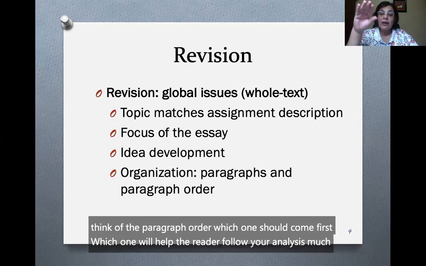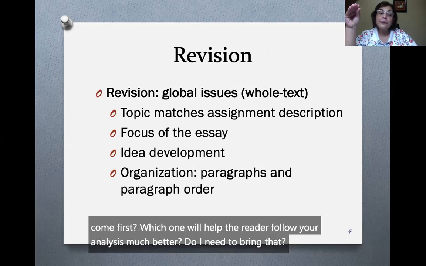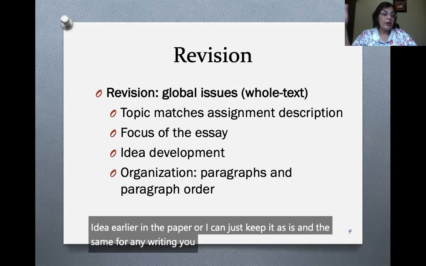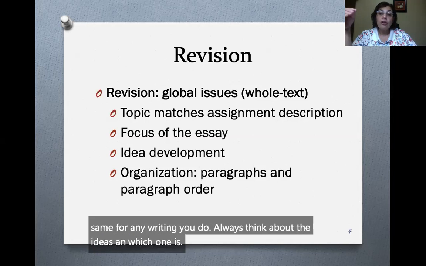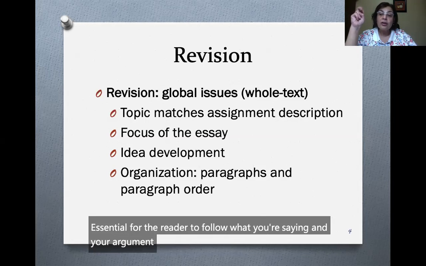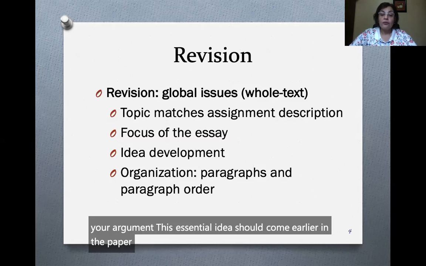Do I need to bring that idea earlier in the paper, or can I just keep it as is? And the same for any writing you do. Always think about which ideas are essential for the reader to follow what you're saying and your argument. This essential idea should come earlier in the paper so your reader can follow what you're saying.